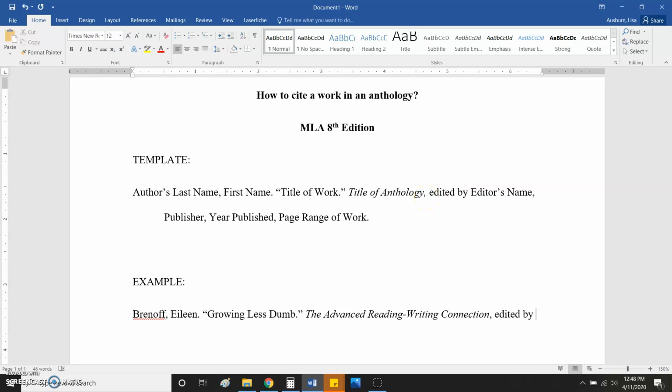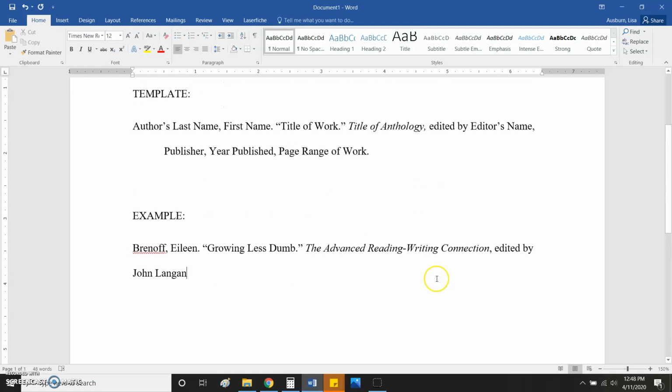and then I noticed from my cover page that John Langan is the editor. Now you'll notice that when we gave the name of the author of the essay, we first put the author's last name and then the first name.